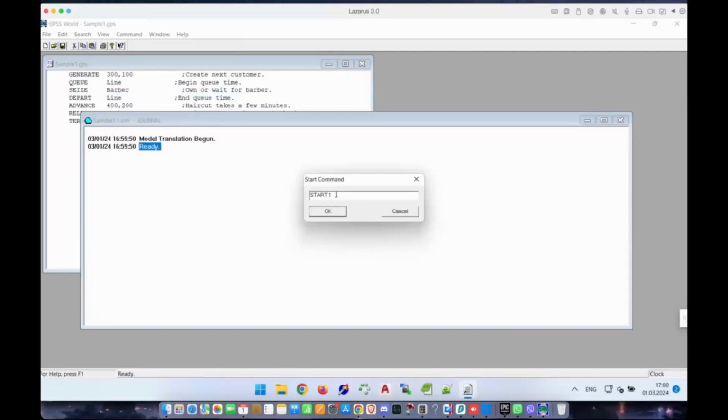For the start, we have to mention the number of transacts we will wait to leave the system, and until that moment the simulation will be running. For example, start 10 means we run the simulation until customer number 10 leaves the system.